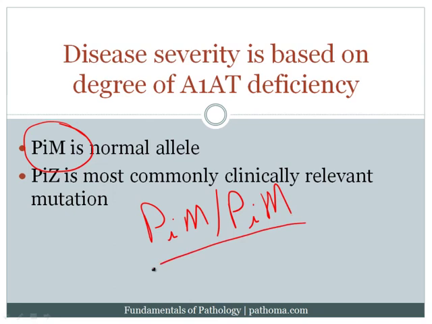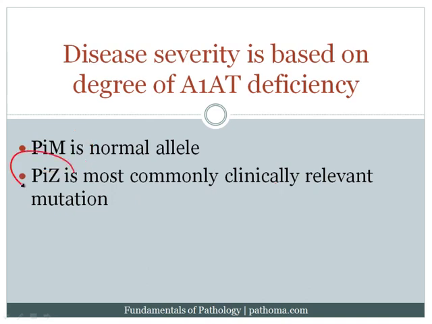The mutations are multiple. There are many, many mutations. However, the most common clinical mutation to be aware of is the PiZ allele. PiZ is going to result in a mutation such that you get malformation or misfolding of the protein, and the protein is going to accumulate in the endoplasmic reticulum. All right, board point, endoplasmic reticulum.